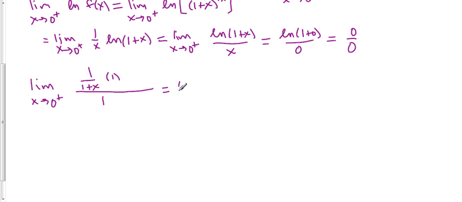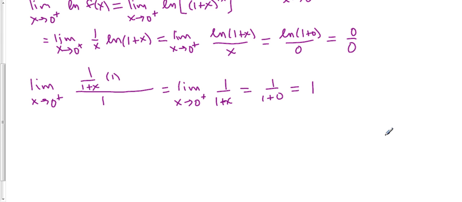So I've got the limit as x goes to 0 from the positive side of 1 over 1 plus x. In the other problems, we've done some rearranging, but I don't think I need to do that here. I can just substitute in again, and I'm going to get 1 over 1 plus 0, or 1.